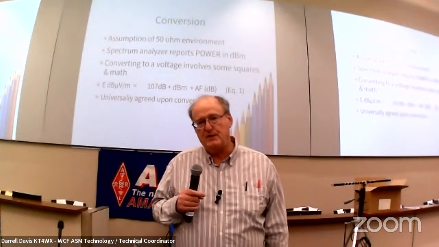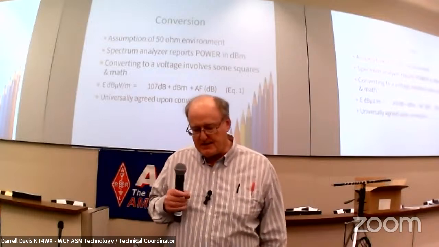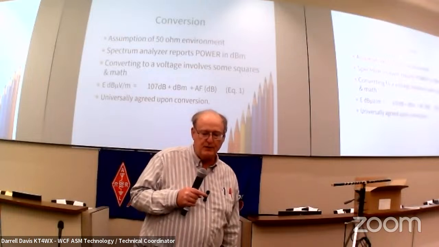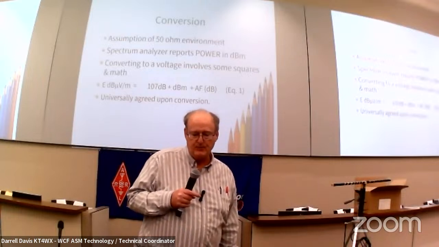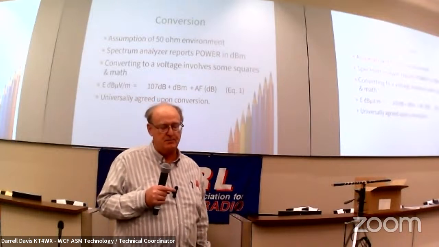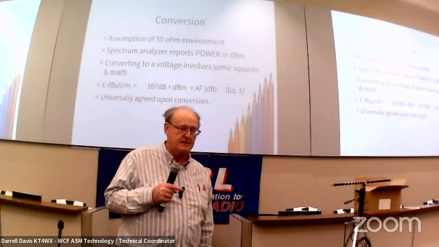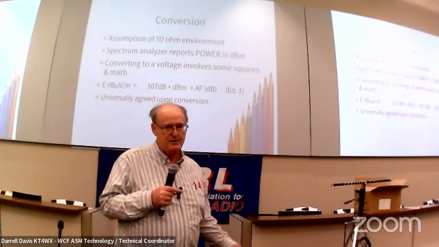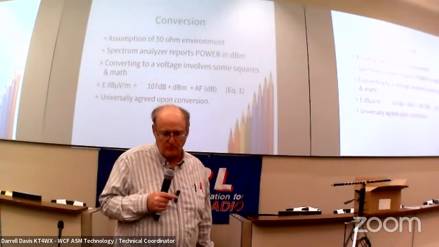Oh my gosh, this takes some math, but it ends up that it's this equation. The dB microvolts per meter of your E field is equal to 107 dB plus whatever dBm your spectrum analyzer says, assuming it's calibrated, plus the antenna factor of your antenna, assuming that's calibrated.